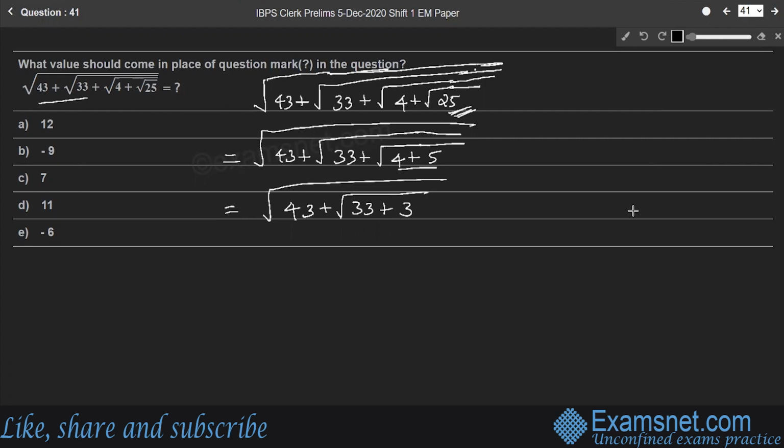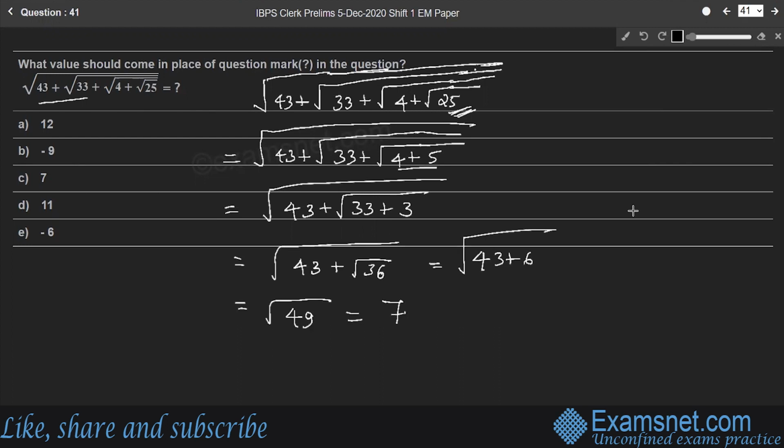So it becomes 33 plus 3. It is square root of 43 plus root of 36, which is 6. You can write it directly. Root of 43 plus 6 is square root of 49, which is 7, which is positive.